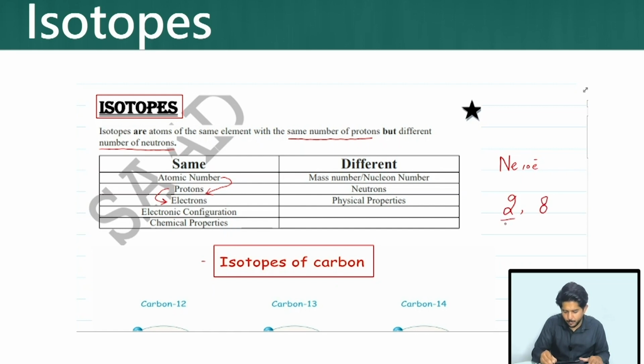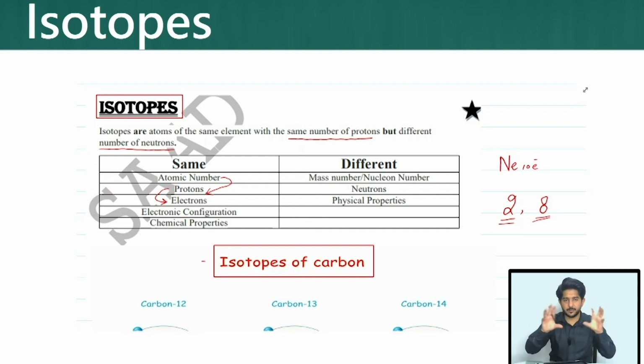In the first shell, we can maximum put 2 electrons. The second shell can accommodate maximum 8 electrons. So beta ji, 2 and 8 is the electronic configuration. Actually, the distribution of electrons in various shells is called electronic configuration. You can see this definition on the screen as well.